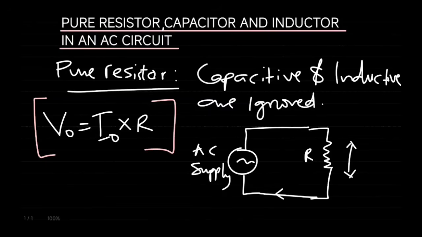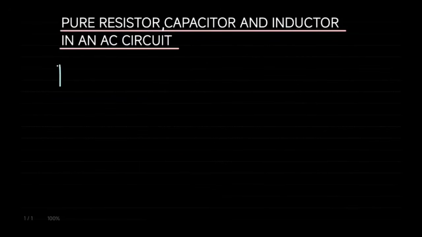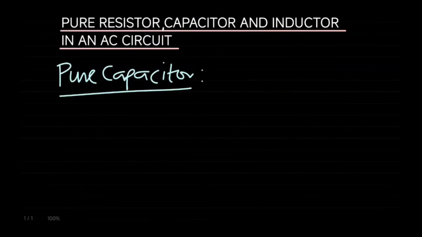Now the next one we're looking at is the pure capacitor in an AC circuit. The pure capacitor is a capacitor that has no resistance or inductance in its circuit.